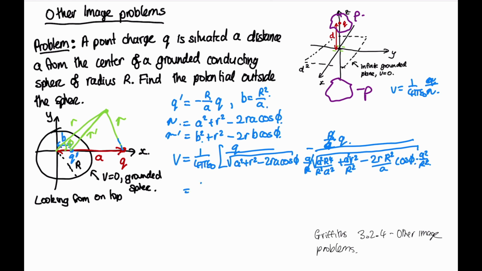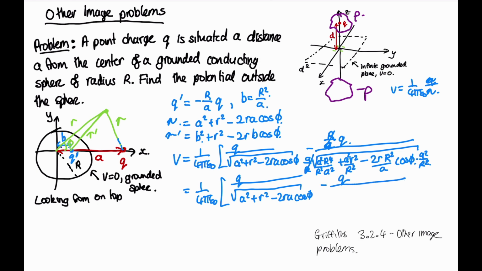Okay, so now we've got 1 over 4 pi epsilon naught, Q divided by the square root of A squared plus R squared minus 2RA cos phi, minus Q divided by, in this case, this A squared will cancel this A squared, and we've got R to the 4 on the top and R squared, so that'll be R squared.